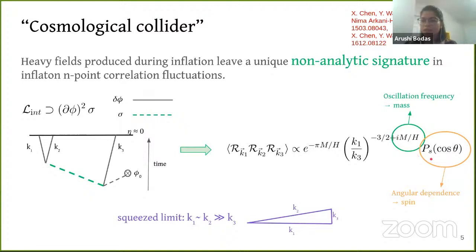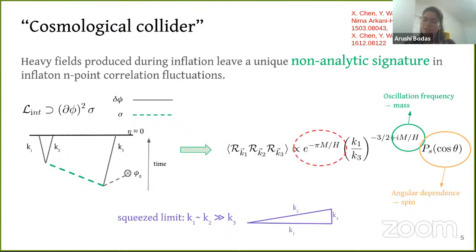And there's another interesting signature, which is the dependence on the angle between the k1 and k3 momenta, which tells you about the spin of the particle. So this is great. What this tells me is that if I see such a signature, then I can extract the mass and the spin of the particle at this really heavy scale. So this signature acts as a detector of really heavy fields.